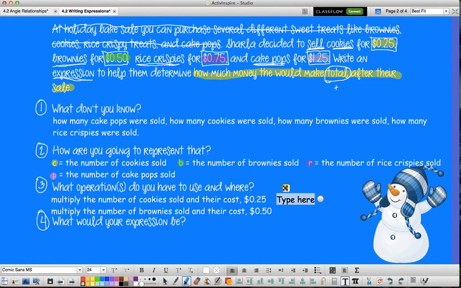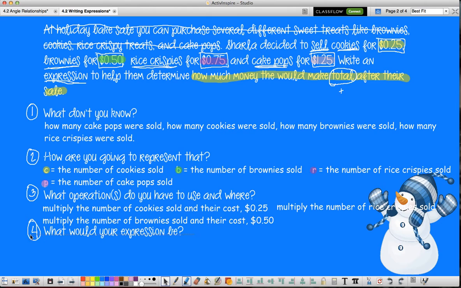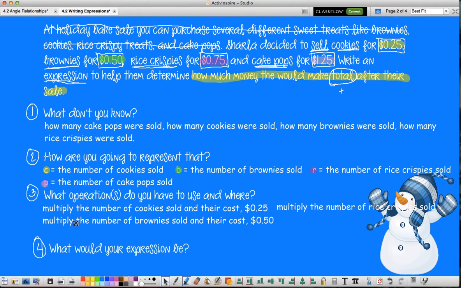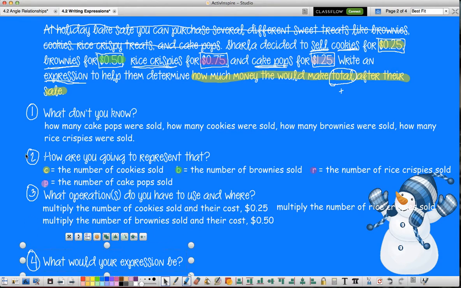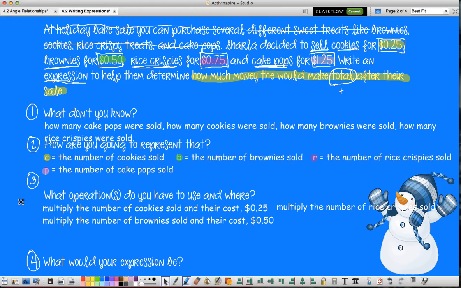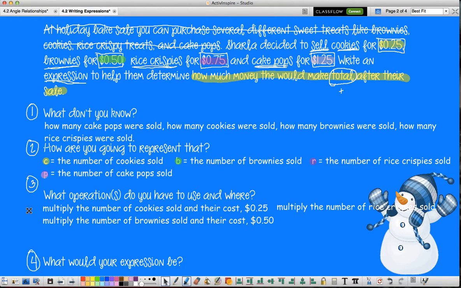Okay, that's not all that I have to multiply though, I also have to multiply the number of Rice Krispies sold and their cost, and I know that I'm running out of room here, so I'm actually going to move this down and move these pieces up so I have a little bit more space.